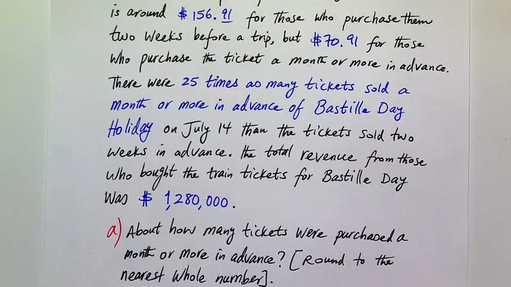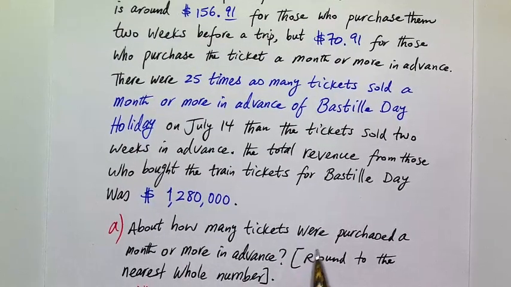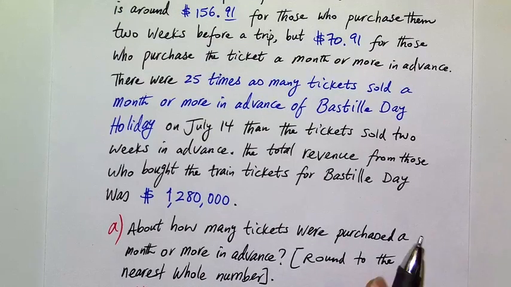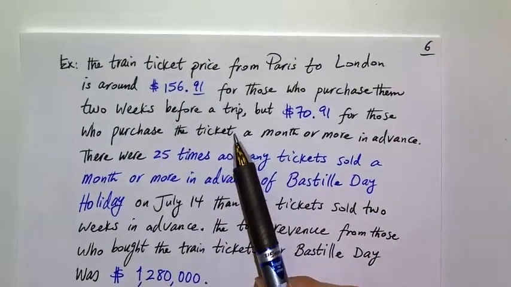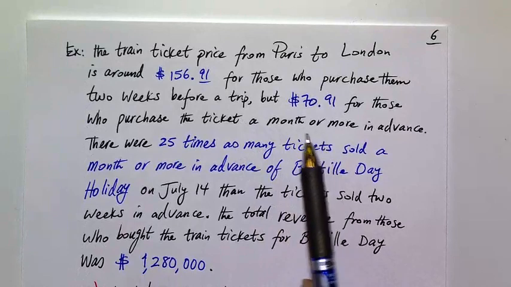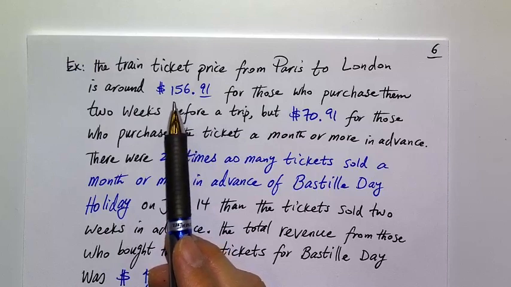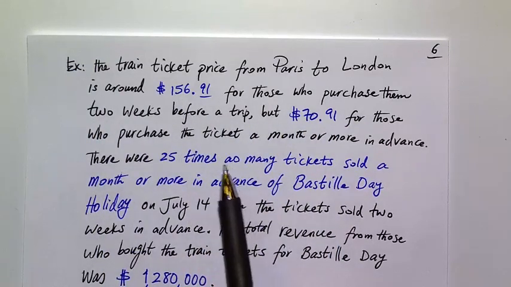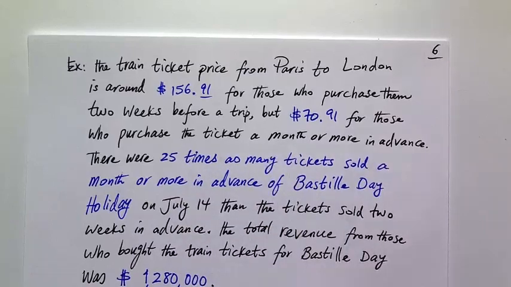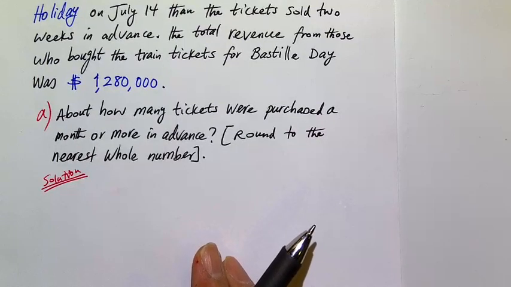So let us assign, because they're asking for tickets purchased a month or more in advance as the unknown, a variable to this and a variable to the other one, those who purchased tickets 2 weeks in advance, and they paid the higher price. You can pick your variables to be anything.